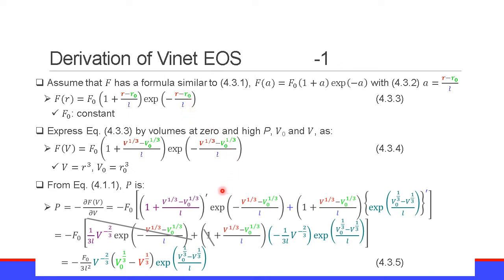Then we assume that the atomic distance R is proportional to the volume at high pressure to the power of 1 over 3.